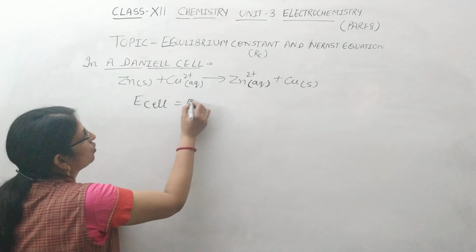Log Kc is equal to 2 multiplied by E naught cell divided by 0.059, which is equal to 2 multiplied by 1.1 divided by 0.059. It is equal to 37. Log Kc is equal to 37.288.